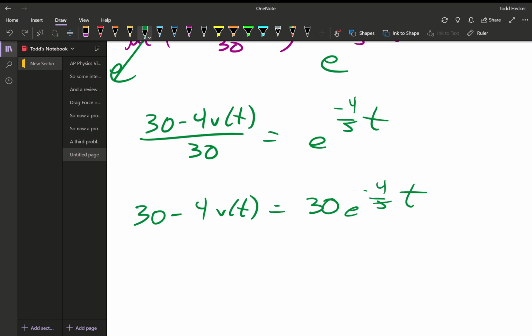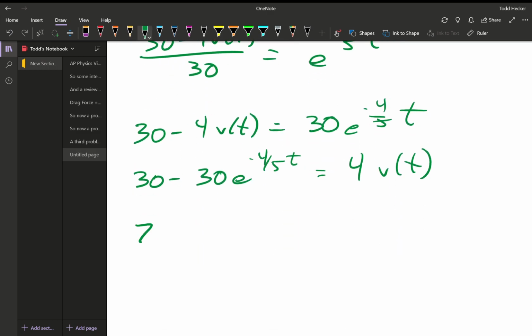Then algebra this: 30 minus 30 e to the negative 4/5 t equals 4v of t. Divide both sides by 4, and you get 7.5 minus 7.5 e to the negative 4/5 t equals v of t.